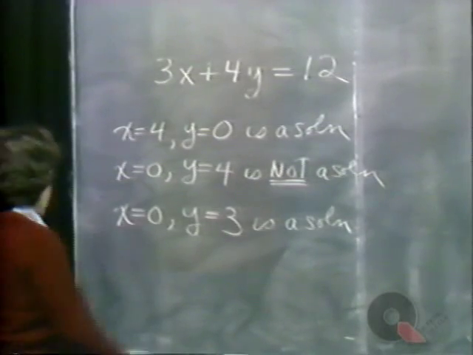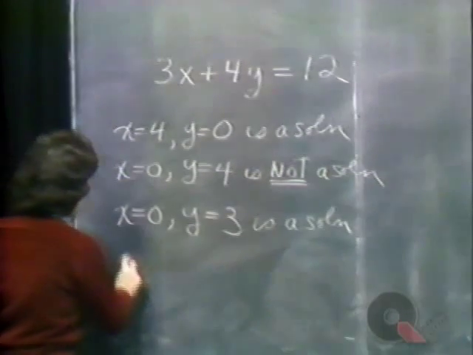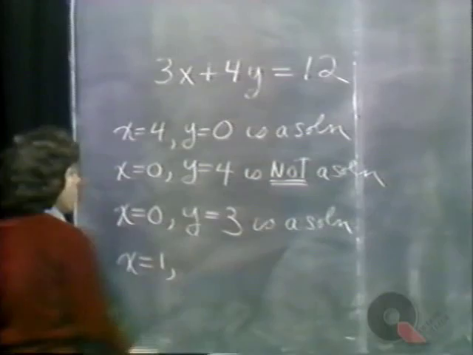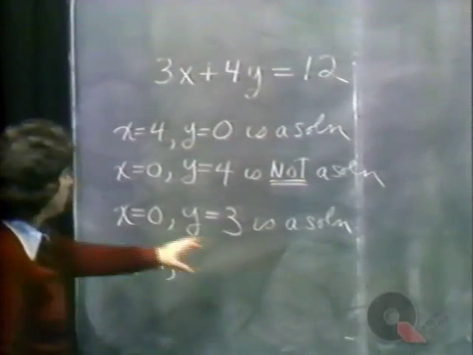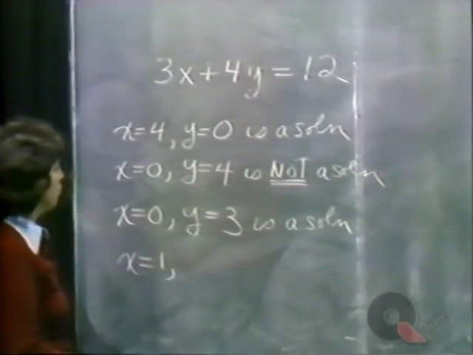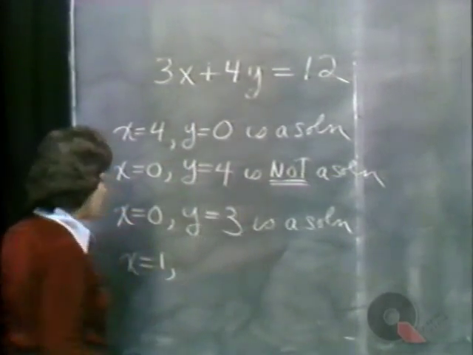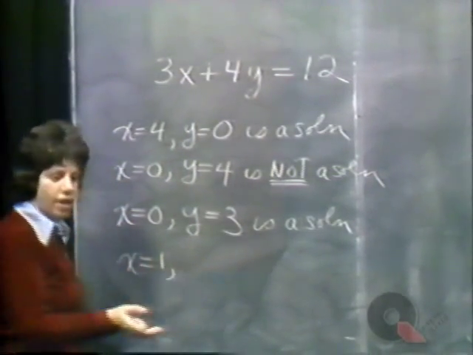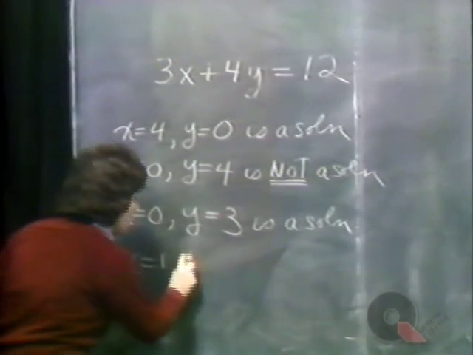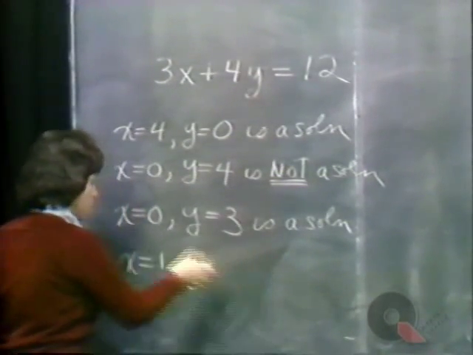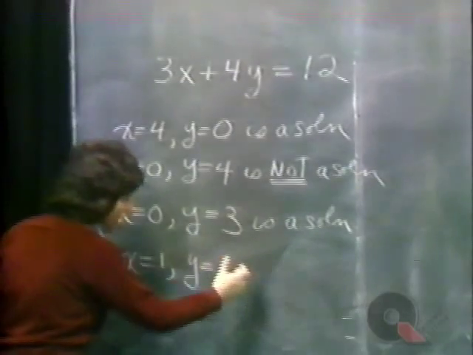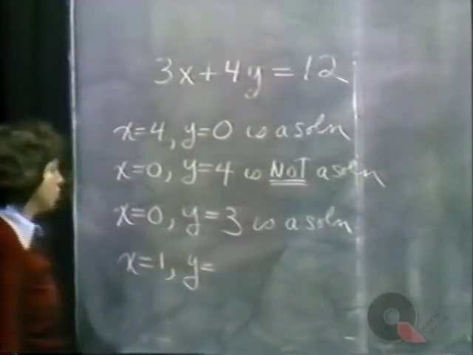All right. We could also let x equal 1. In case you're trying to figure out where I'm getting these values, what you basically have to do when you want to find a pair of numbers that constitute a solution for the equation is pick one of the values. Let's say I pick x equals 1. I want to find the y value such that x equals 1 and y equals that number constitute a solution to this equation.